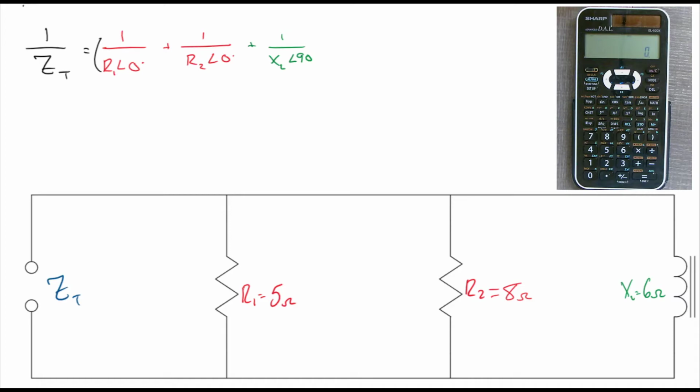So I'll place each of these in brackets, and then rather than doing it as an extra step at the end, I do the 1 over right from the get-go. The important thing is to add a bracket so your calculator knows that you're doing that definitively, all on the denominator.